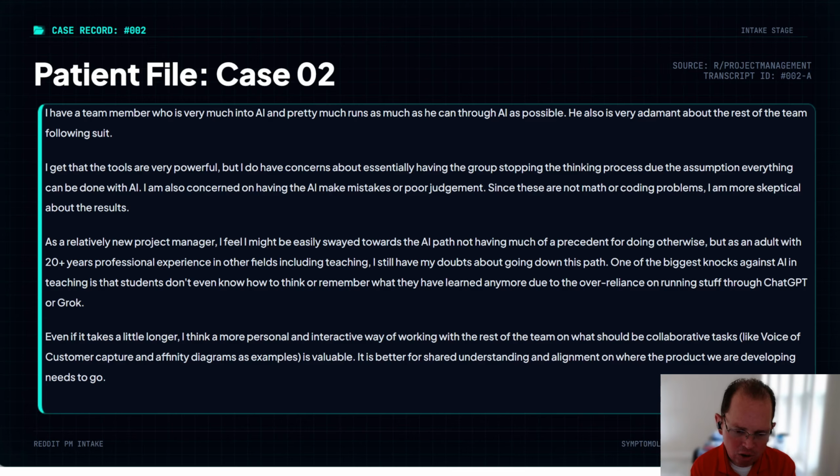Even if it takes a little longer, I think a personal and interactive way of working with a team on what should be collaborative tasks like voice of customer capture and affinity diagrams as examples is valuable. It is better for shared understanding and alignment on where the product we are developing needs to go.